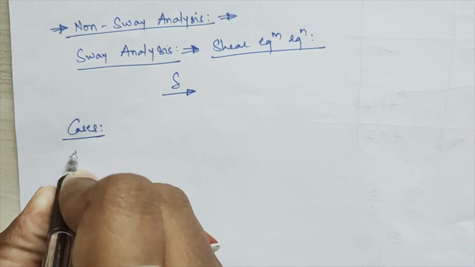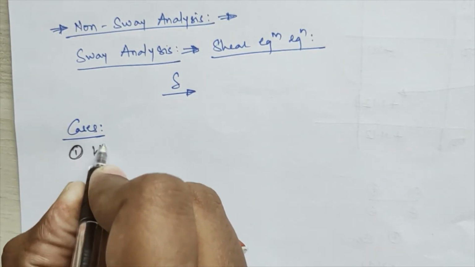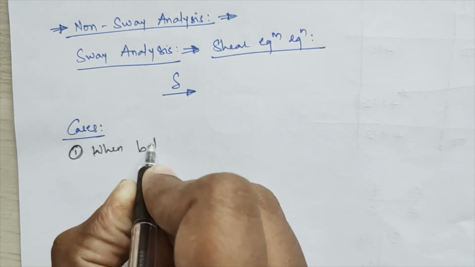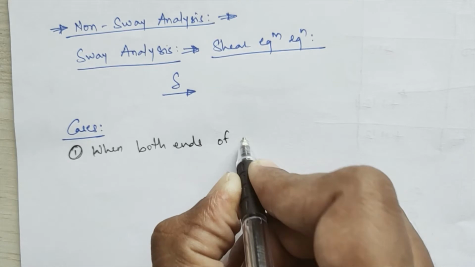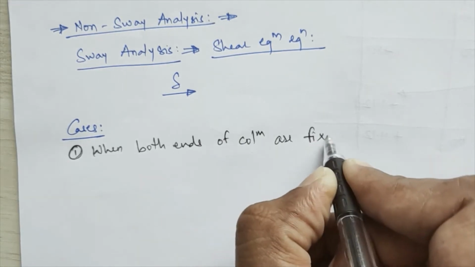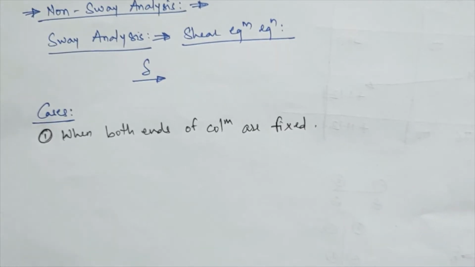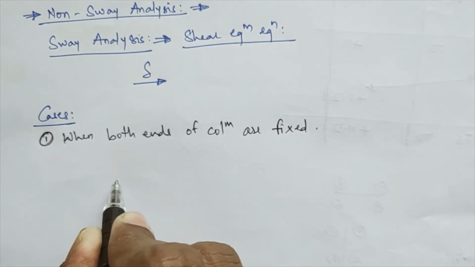The first case we'll be seeing is when both ends of a column or vertical members are fixed. I'll draw one diagram for that.